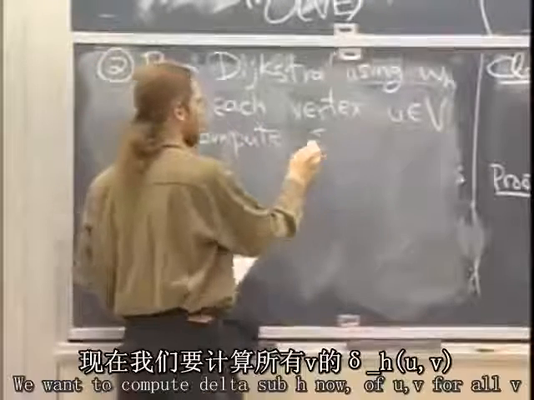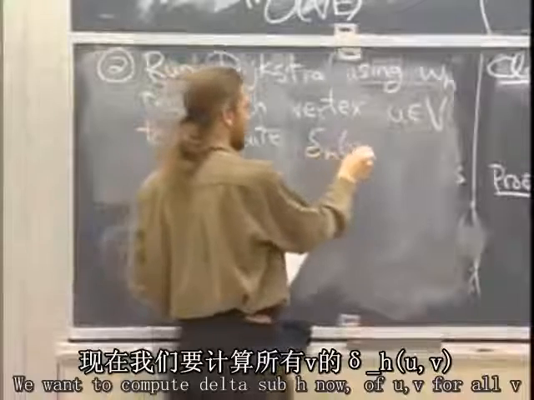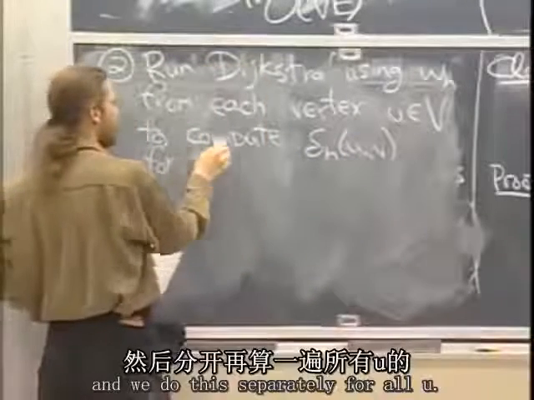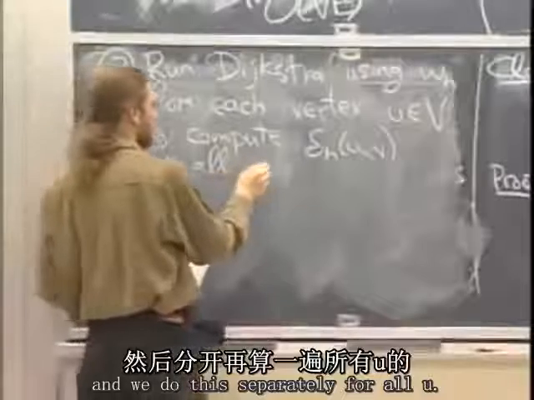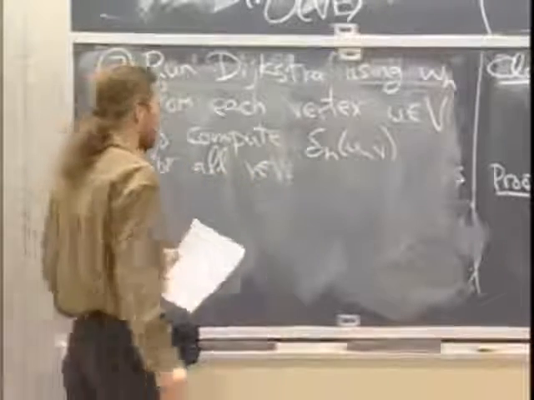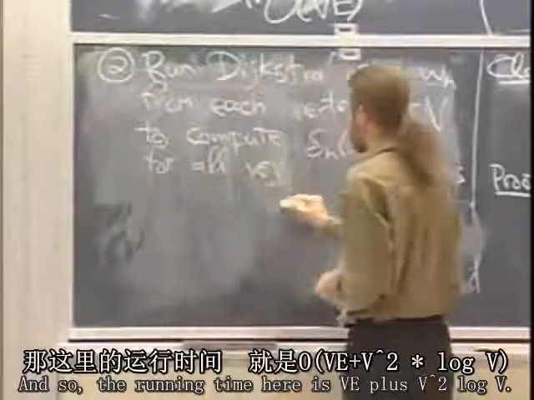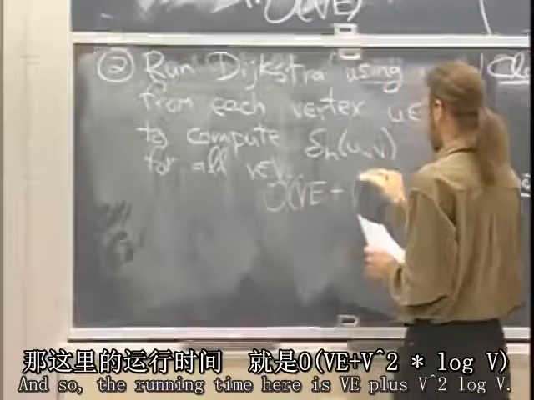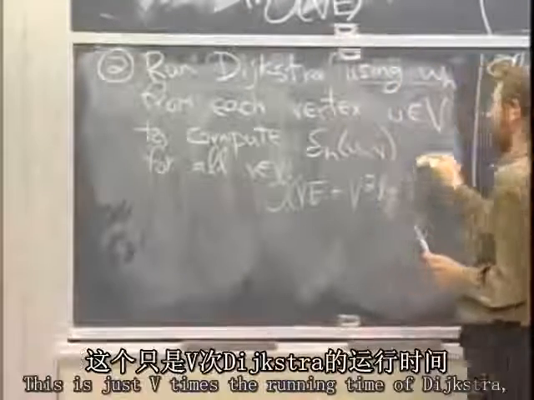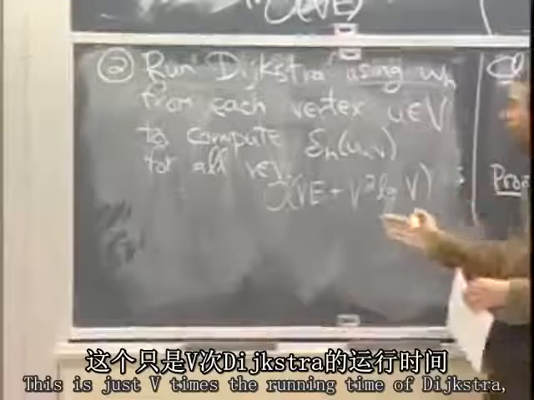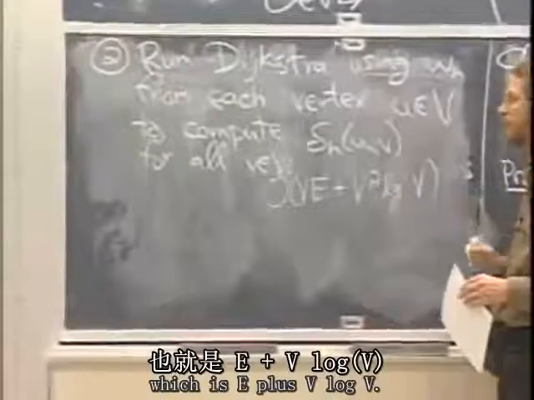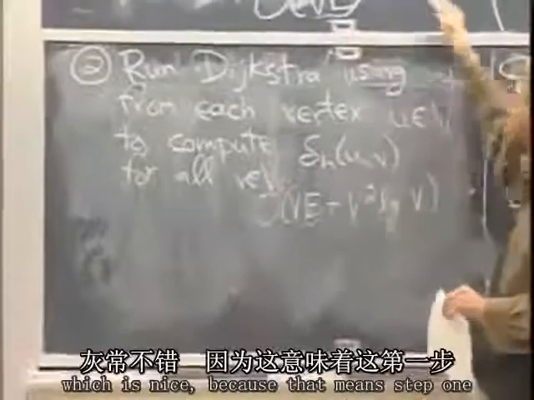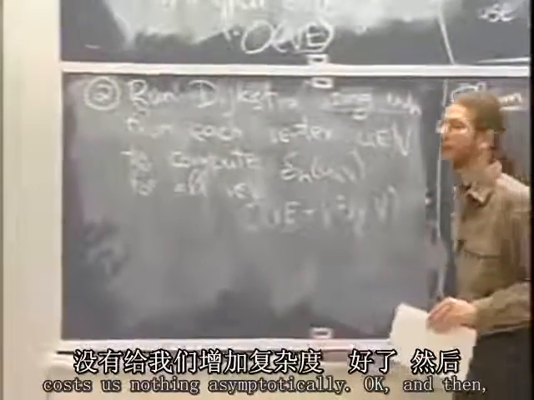We want to compute delta sub h of uv for all v, and we do this separately for all u. And so the running time here is VE plus V squared log V. This is just V times the running time of Dijkstra, which is E plus V log V. It happens that this term is the same as this one, which is nice because that means step 1 costs us nothing asymptotically.